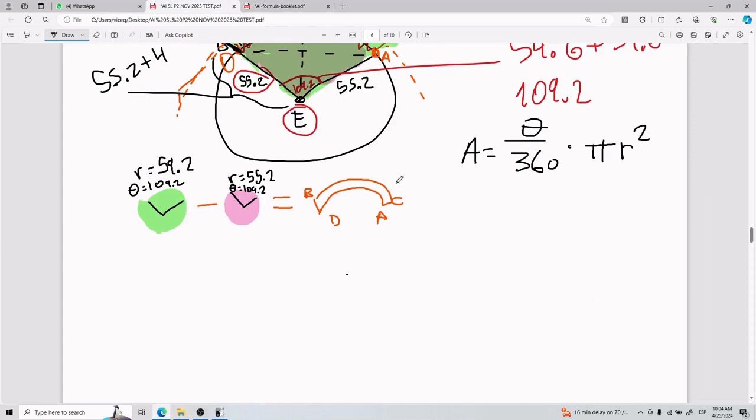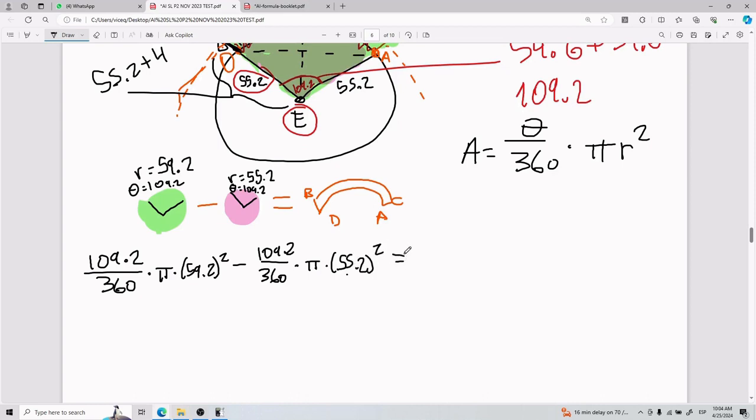And so the area green is going to be 109.2 divided by 360 times pi times 59.2 squared. Minus, and now I'm going to be putting the guy in pink. The guy in pink is going to be 109.2 divided by 360 times pi times 55.2 squared. And this will equal the area of the thing I'm trying to find.